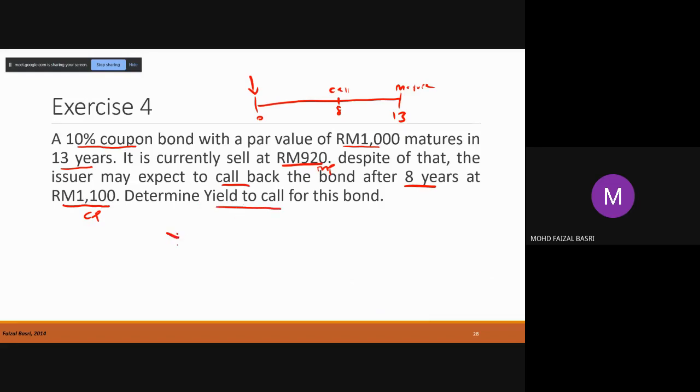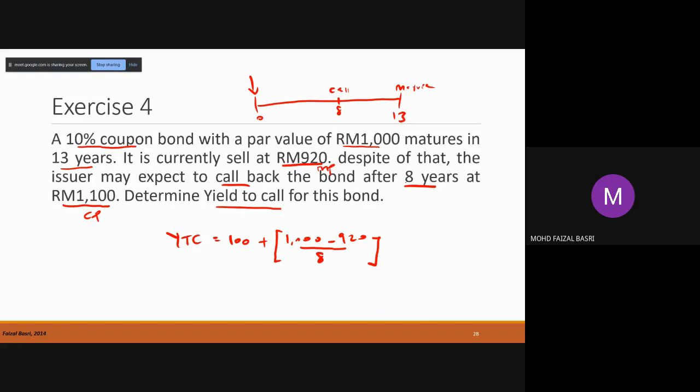So similar to YTM, we're going to see the coupon of 10%, which is RM100. The call price is 1,100 and the market price is 920. And our NC in this case, the years until call, is 8 years. So you're going to divide by 8 here. It's not 13 or 30 as for maturity, but for call, it's until the 8th year.